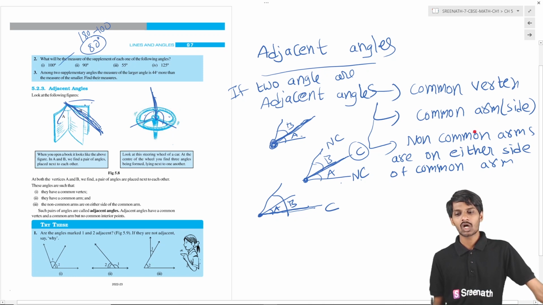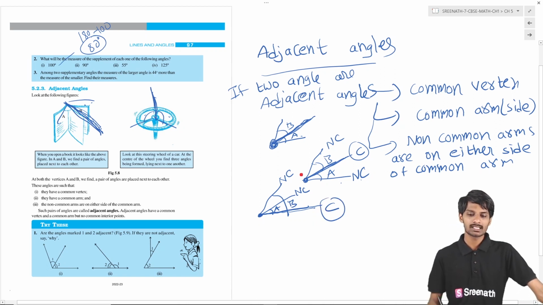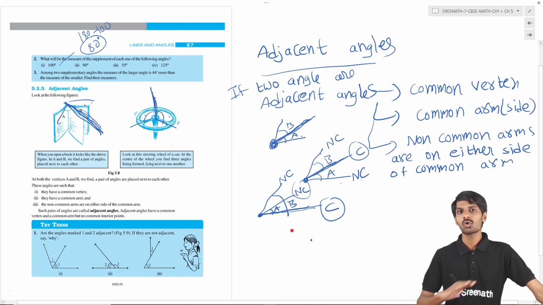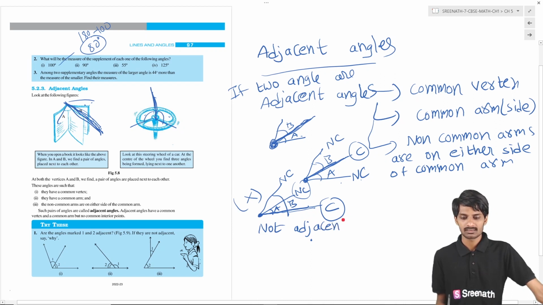Now we check the non-common arms. This is a non-common arm, this is a non-common arm. The condition is that non-common arms are on either side of the common arm. On this side there is a non-common arm, but on this side there is no non-common arm. So these are not adjacent angles, students.